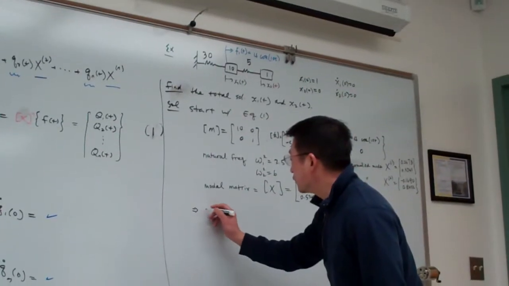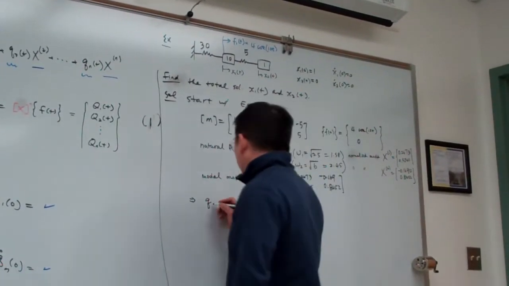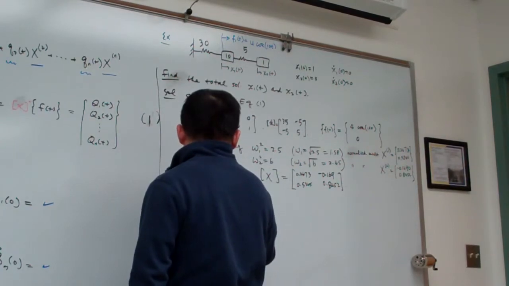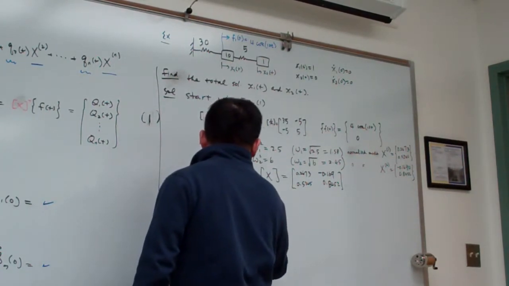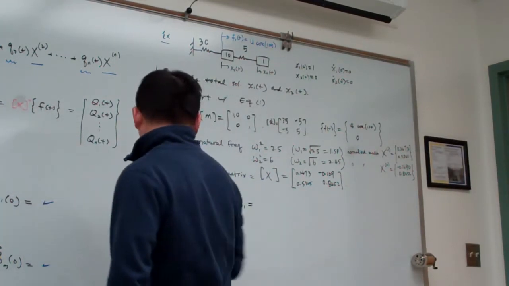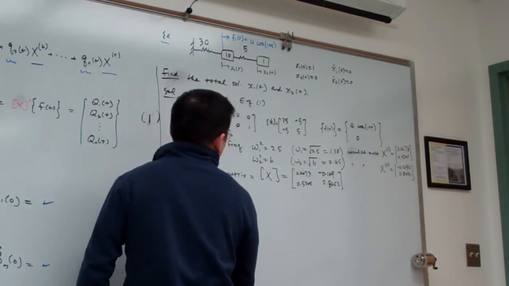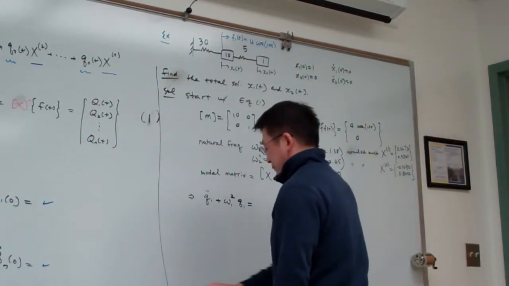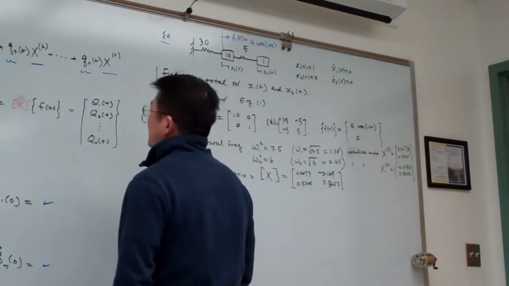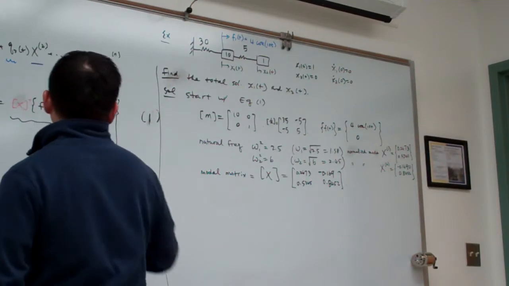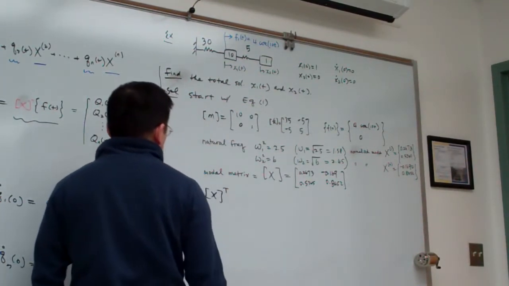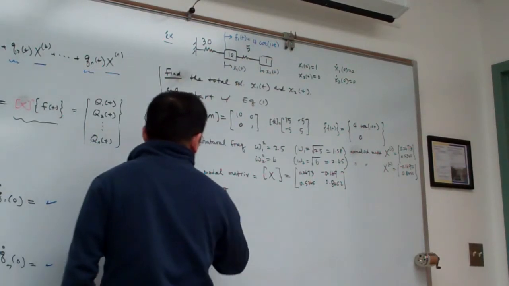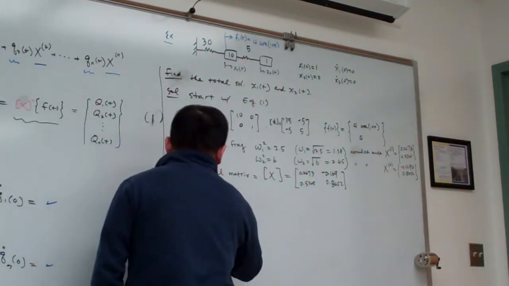So therefore, equation 1 is Q1 double dot plus omega 1 squared Q1 equal to... let me do this one first. Let me write it again.